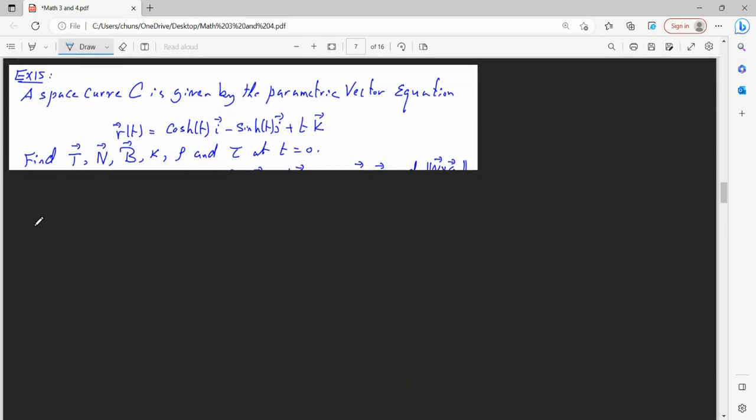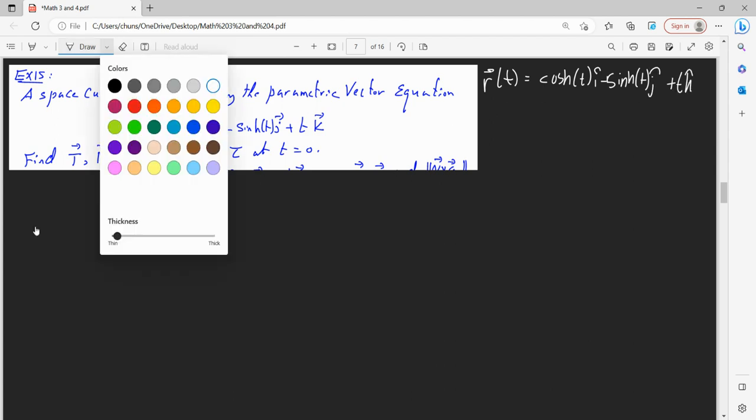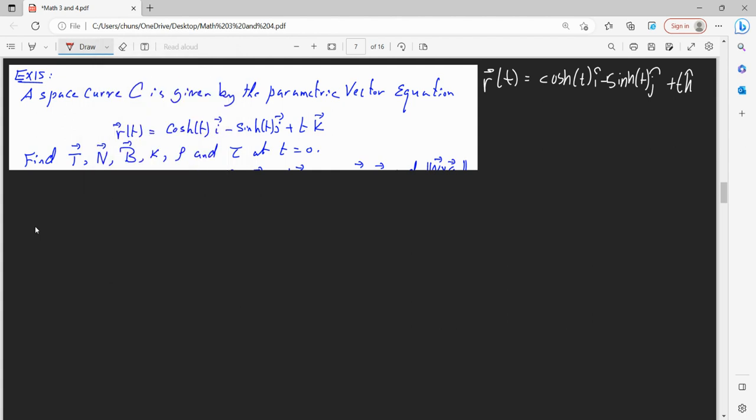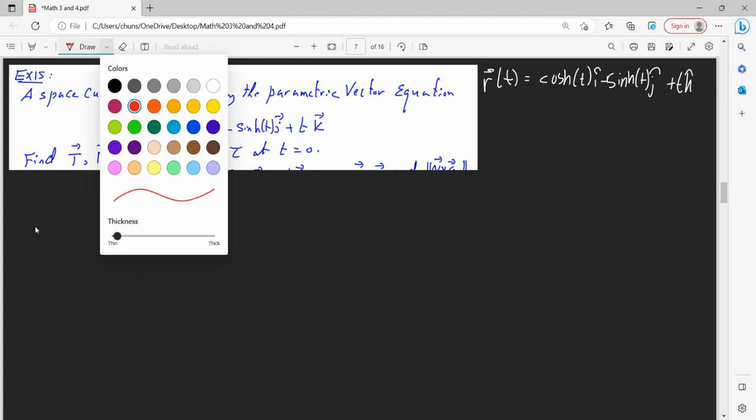Okay, so next question. We have a space curve C, which is given by this equation here. So that's cosh t in our i direction minus sinh t in our j direction plus t in our k direction. First things first, I'm going to find velocity.